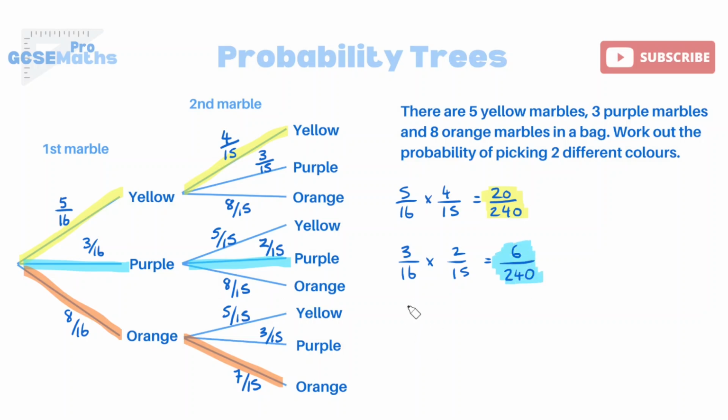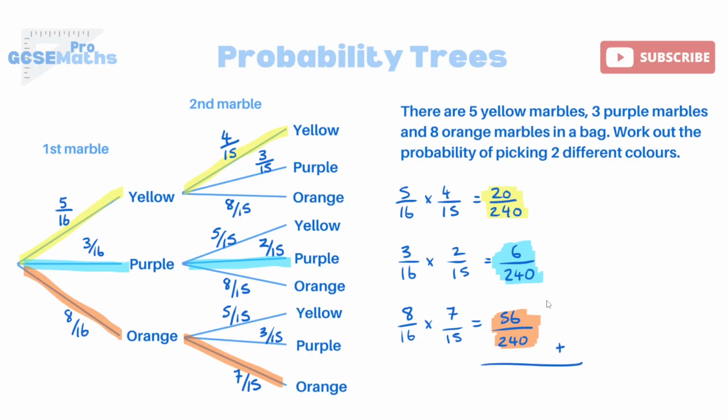And then orange is 8/16 times 7/15, which is 56, and then still the same denominator. That's why I didn't simplify the 8/16 or the other ones that could be simplified, because now I'm going to have all the same denominators.